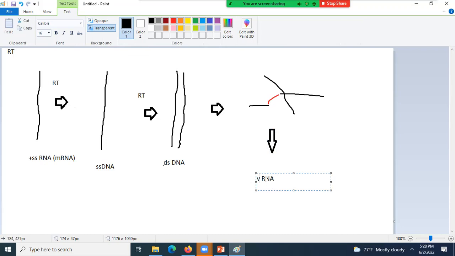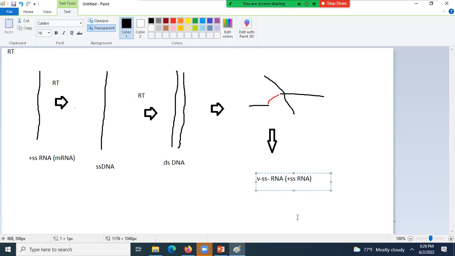And it's single strand too. This is a positive strand. And that's the viral genome.